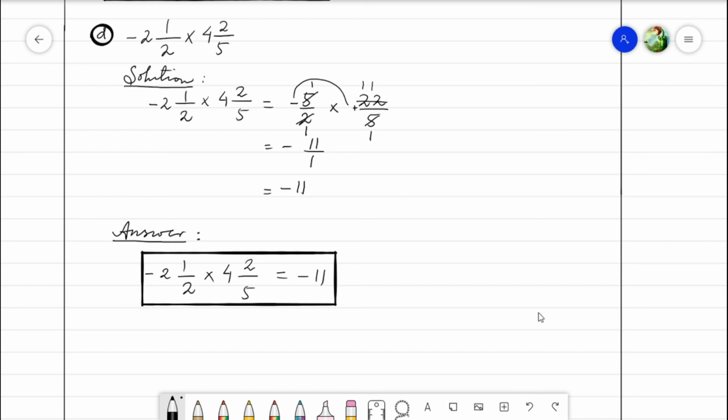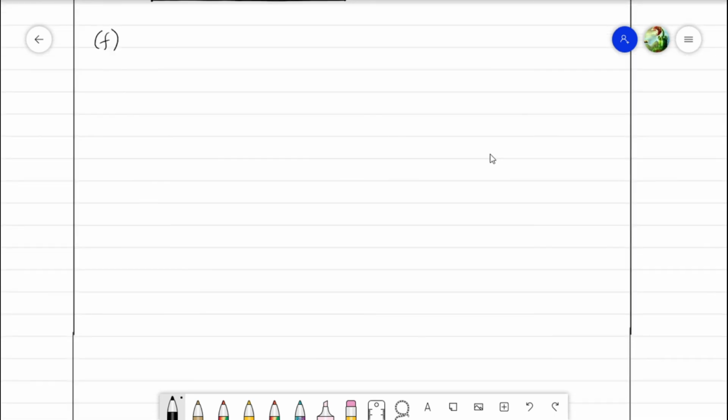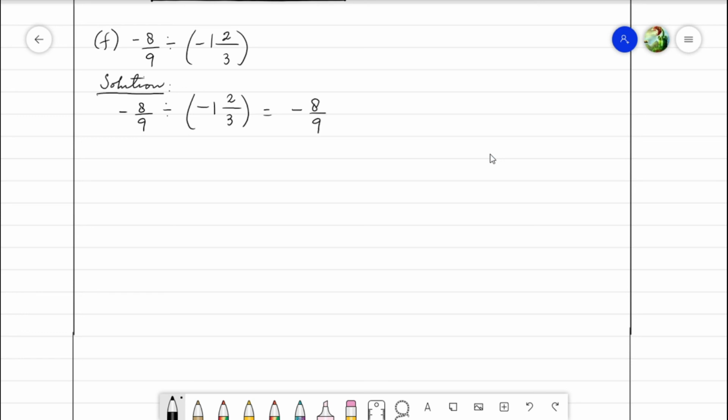Now we are going towards part F. Negative 8 by 9 divided by negative 1 whole 2 by 3. This is our question, and I will write the solution from here. I will rewrite the question, and I will write negative 8 upon 9 as it is.